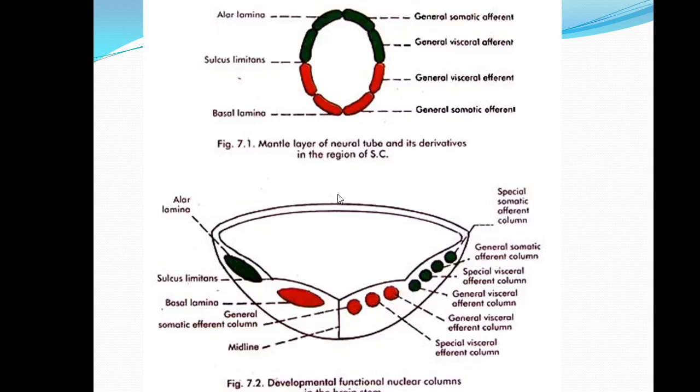Here you can see the sulcus limitans separating the alar plate from the basal plate of the neural tube in the medulla oblongata. You can see the development of the sensory nuclei and the motor nuclei. Sensory nuclei in the alar lamina and motor nuclei in the basal.